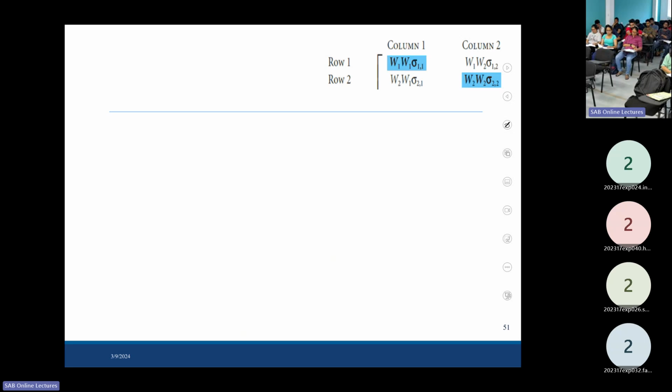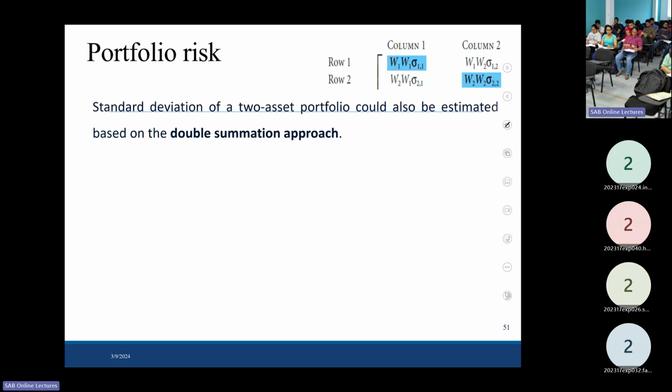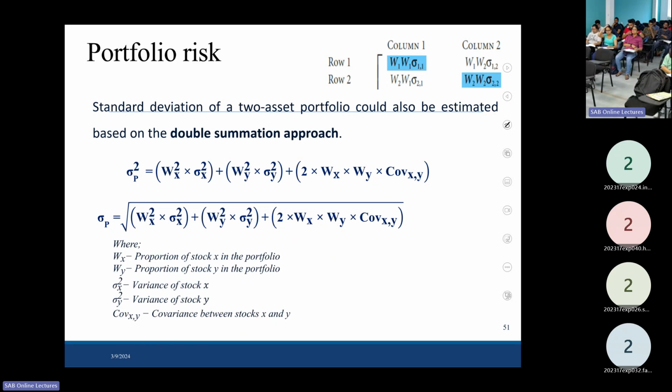We apply this double summation approach to calculate the portfolio risk. In financial management, we calculate the portfolio variance and portfolio standard deviation using this double summation formula, not the previous statistical formula.